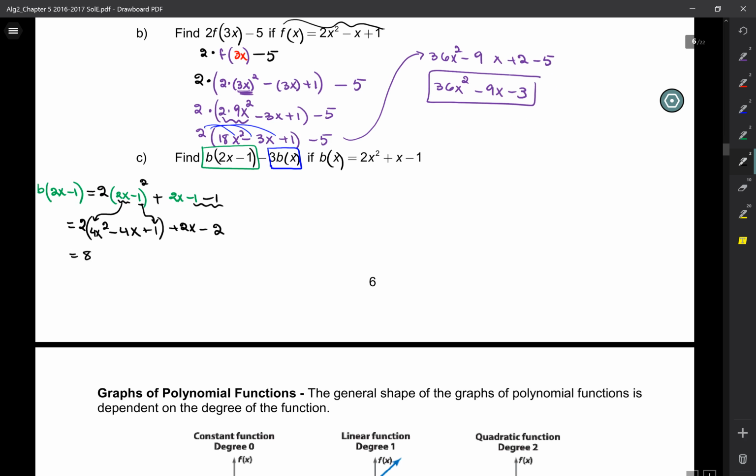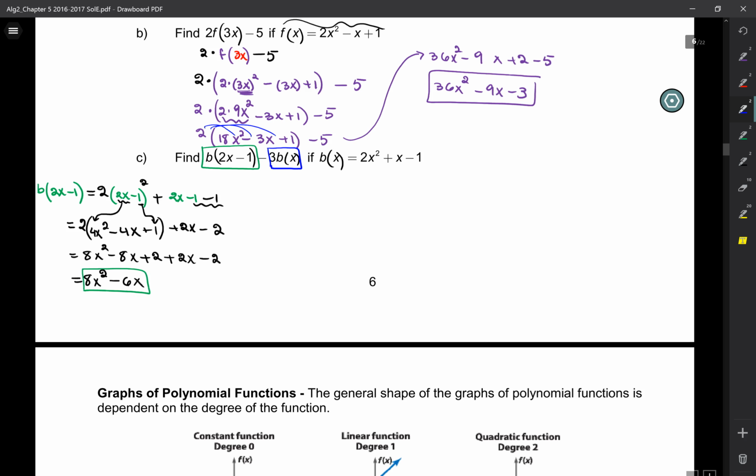So I get 8x squared minus 8x plus 2 plus 2x minus 2. Okay, what can we simplify here? Right, so it's 8x squared minus 6x, and that's it. Okay? Okay, so I did the green part. Woohoo. I'll circle it or put it in a square.